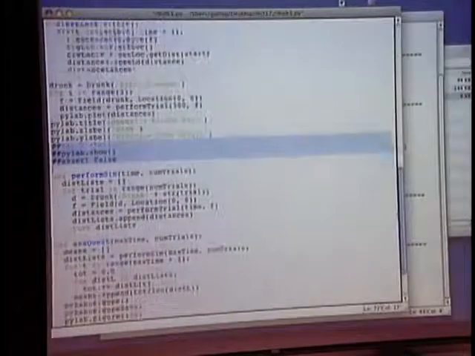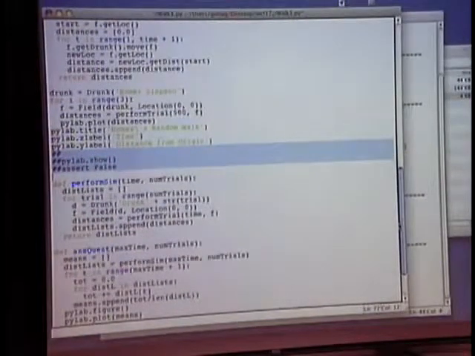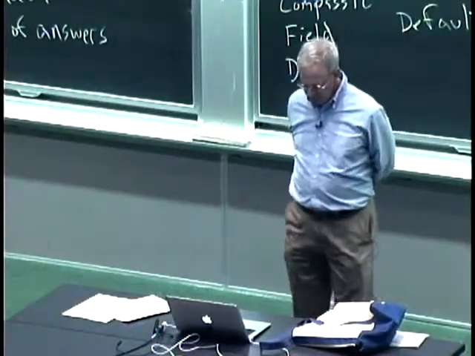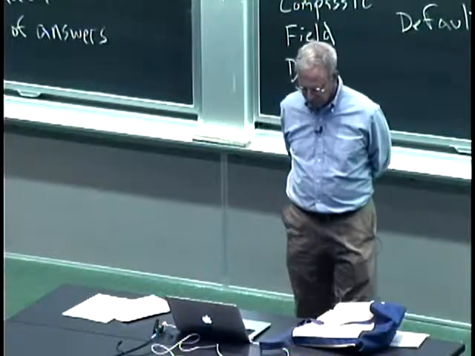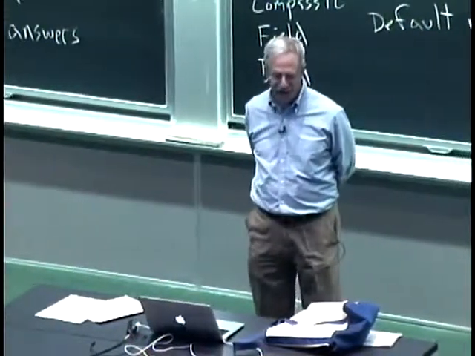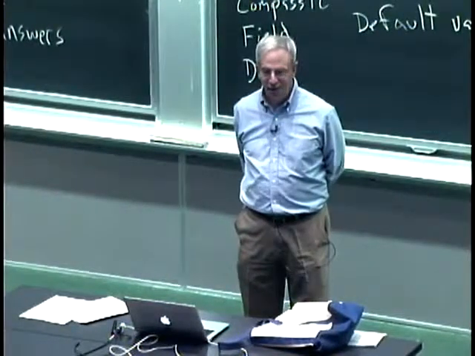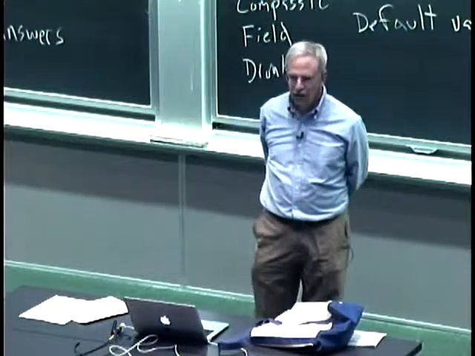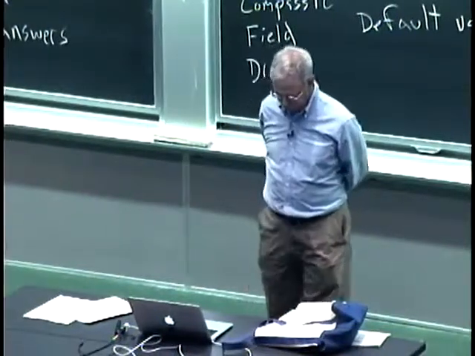I'm going to write a function called performSim. What that does is it takes the time and the number of trials that we wanted to do. It takes dist lists equals the empty list to start with. And then it is basically going to call performTrial, the function we already looked at, over and over again, and get a whole bunch of lists back, a list each time it calls it, and then compute an average.